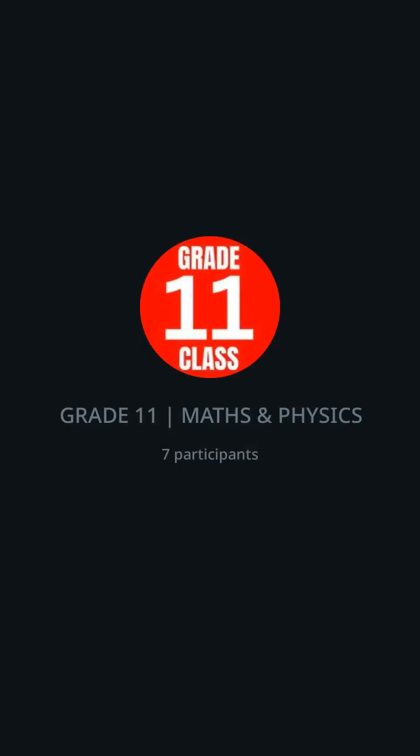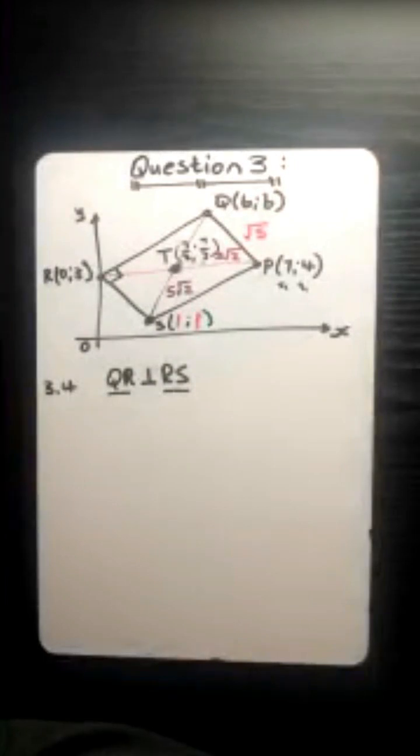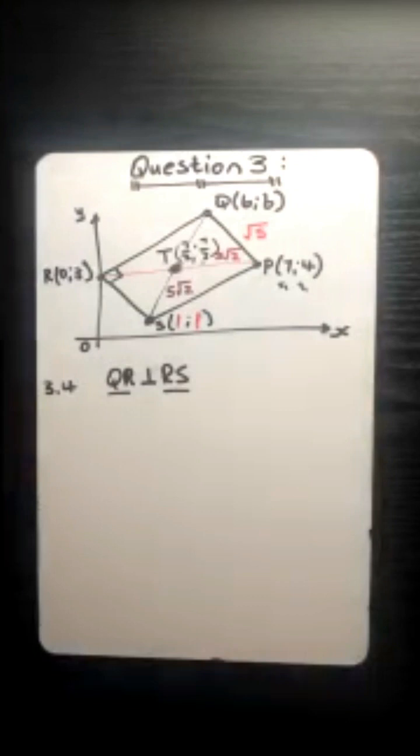Where is QR? There is Q, there is R. We need to show that it's perpendicular to RS. So it's more like we're trying to show that you are having a 90-degree angle there. How can we possibly show that, honorable members?